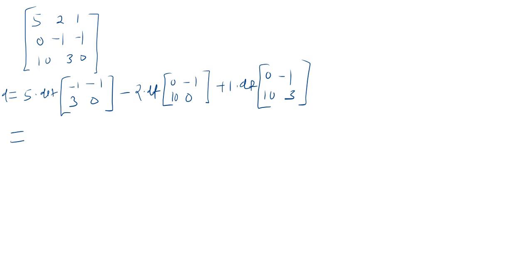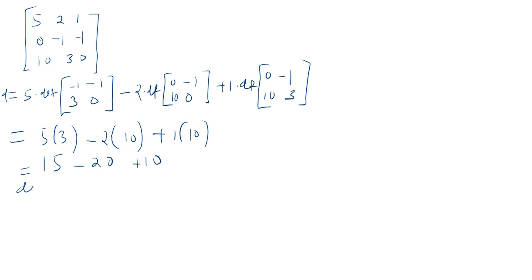So you have to find the determinant of each of these matrices. When you find that, we get 5 times 3, minus 2 multiplied by 10, plus 1 multiplied by 10. This gives us 15 minus 20 plus 10.